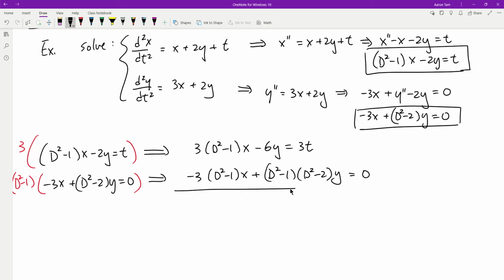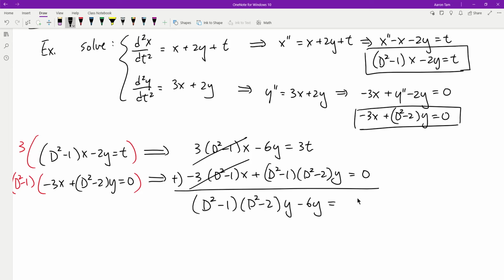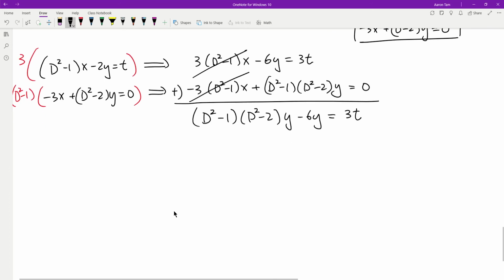Now I can take these two and add them, and when I do that, the x cancels out. The y term becomes (d squared minus 1)(d squared minus 2) of y minus 6y equal to 3t. I'm not going to put down (d squared minus 1) of 0, which is just 0. So if I'm looking at this correctly, that becomes (d to the 4th minus 3d squared plus 2) y minus 6y equal to 3t.